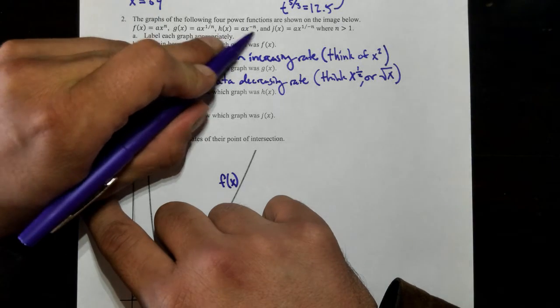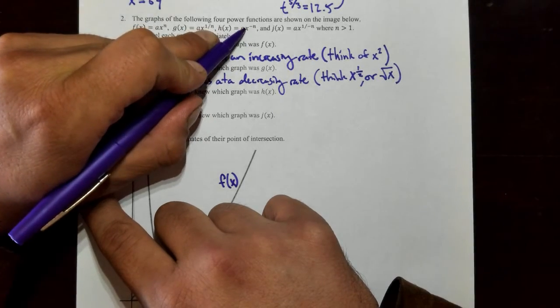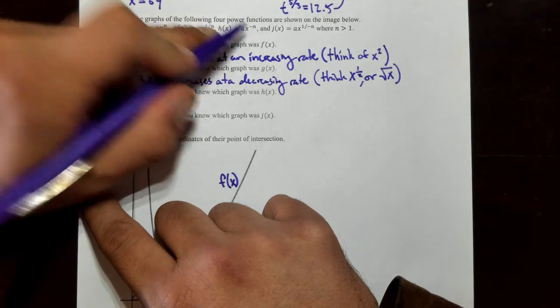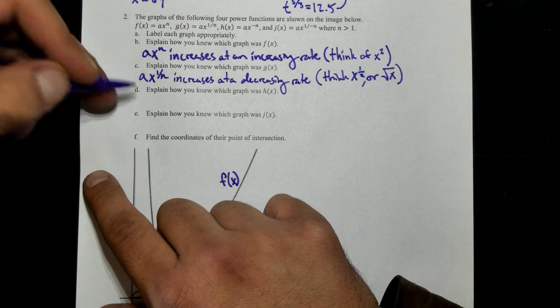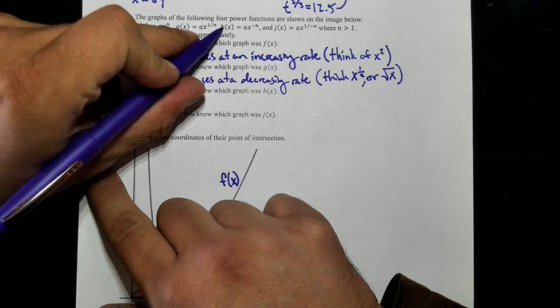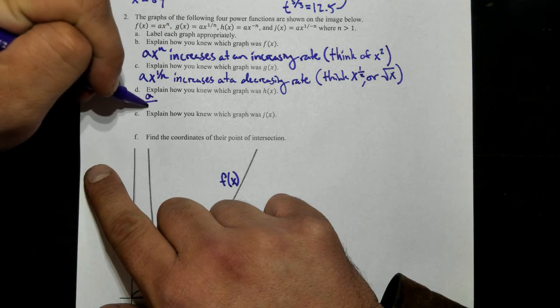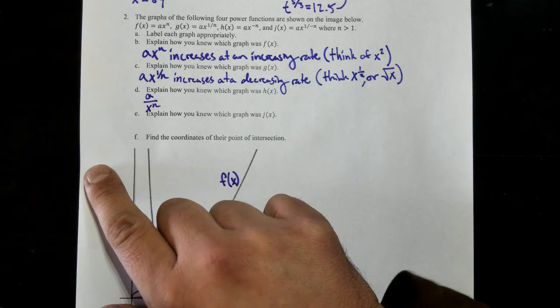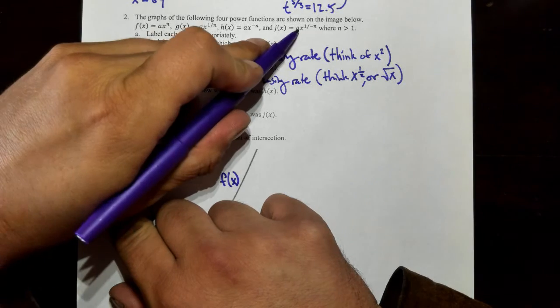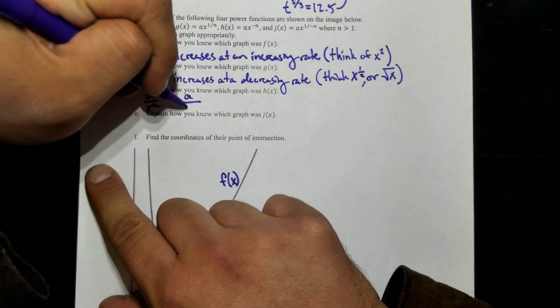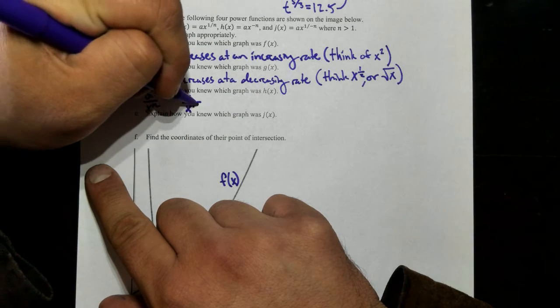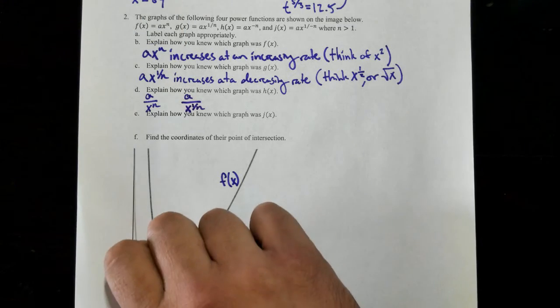If we have a negative power, that means we can put whatever is being raised to that power in the denominator, and the power becomes positive. So I can rewrite h of x as a over x to the positive n. And I can rewrite j of x as a times x to the 1 over nth power.